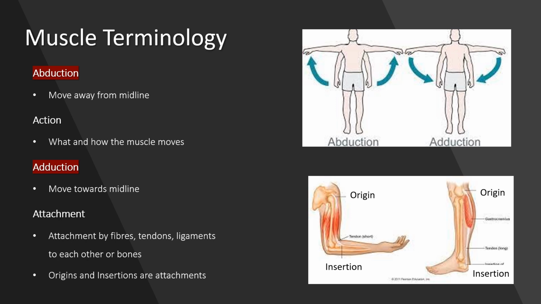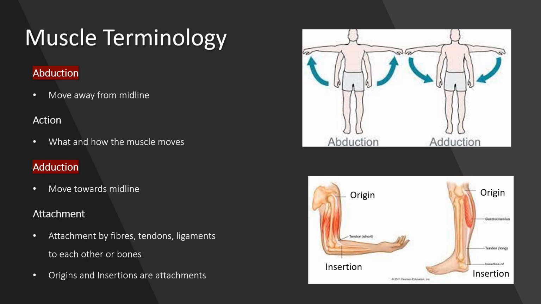Abduction is a term that means moving away from the midline. So we have a midline going right the way down the middle of the body, and that's always referred to as the midline. So an abduction is if my arms were down by my sides and I wanted to abduct them, I would take my arms out to the side, and that would be an abduction.